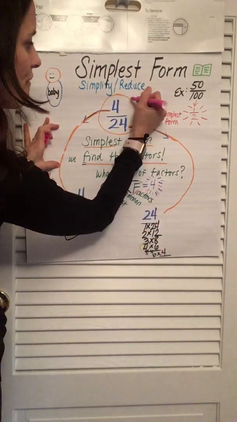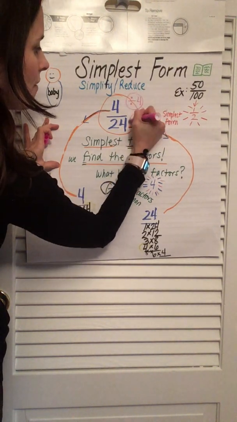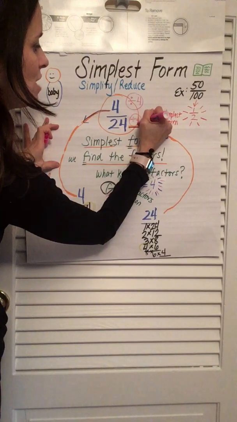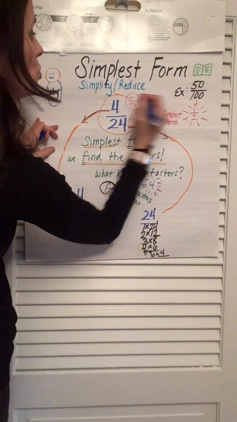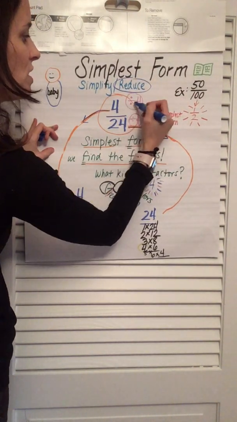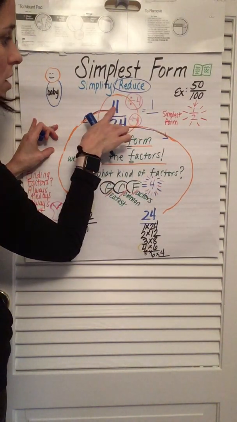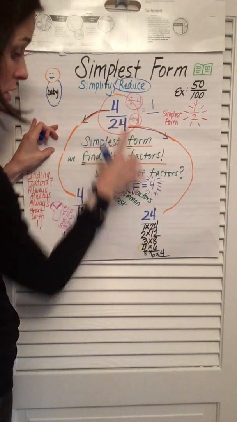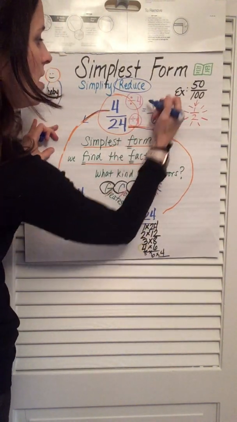If I divide the top by the magic 4 and the bottom by the magic 4, I am going to get a reduced fraction. 4 divided by 4 is 1. You can always check with multiplication. 1 times 4 is 4. What times 4 is 24? If you need to look at your list, you can. 6 times 4 is 24.